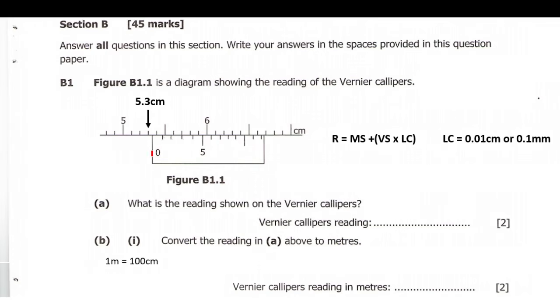However, when reading here, again, the rule is you look for a line on the Vernier scale that aligns up with a line on the main scale. So you check the line on the Vernier scale that appears to be in a straight line with another line on top here. So what you are going to do is to start inspecting them one by one.